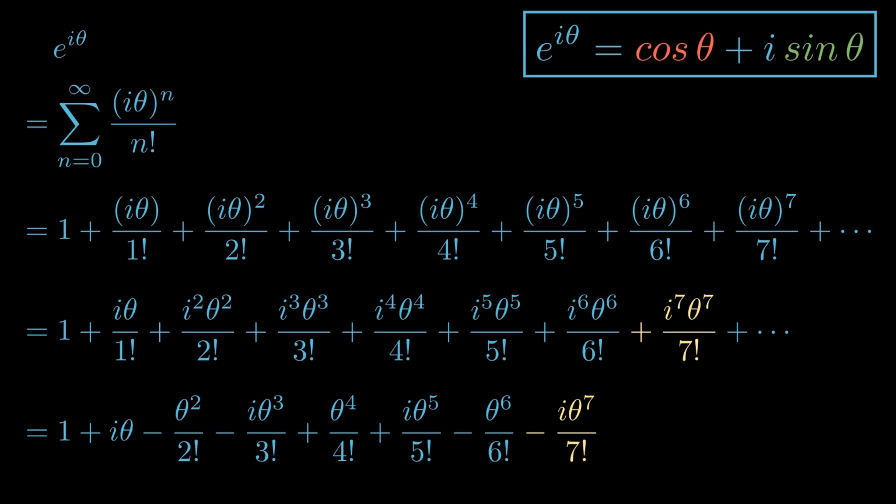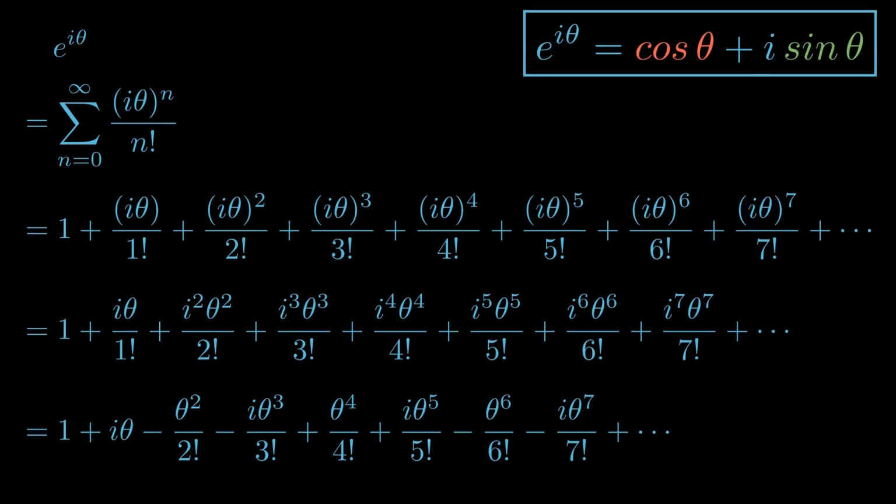So i to the 7th theta to the 7th over 7 factorial equals -i times theta to the 7th over 7 factorial. Since the powers of i repeat themselves, the series will continue on in a predictable manner.